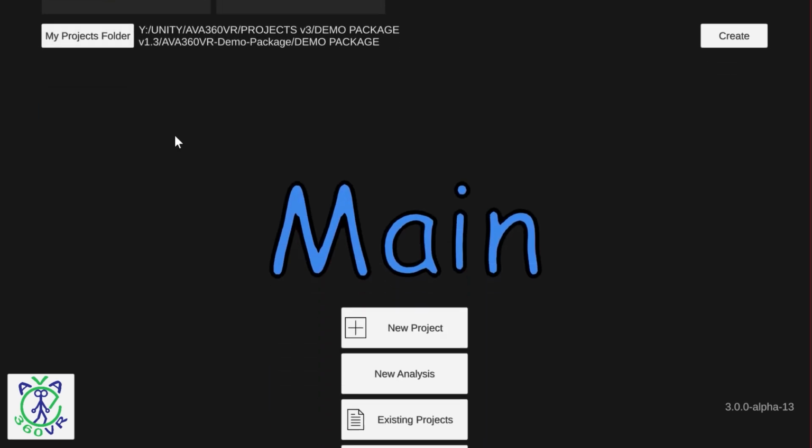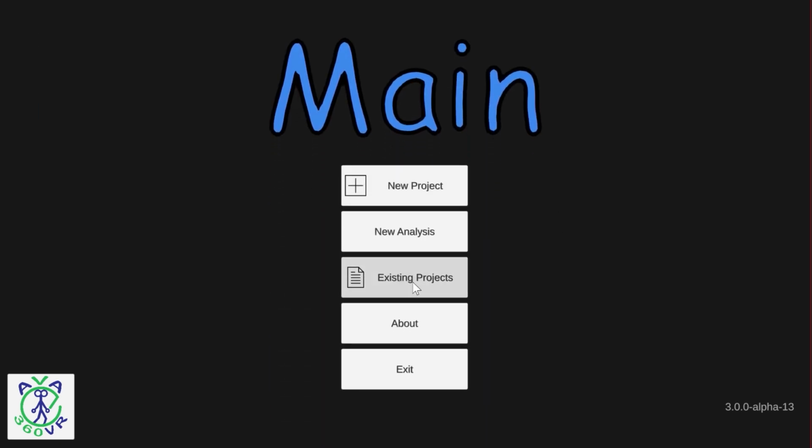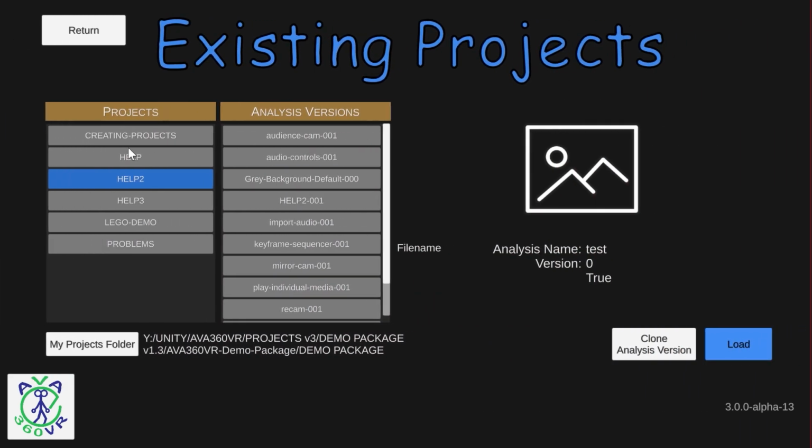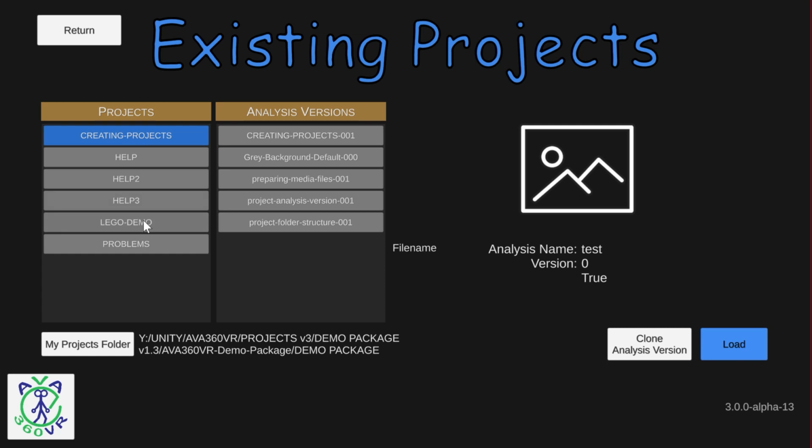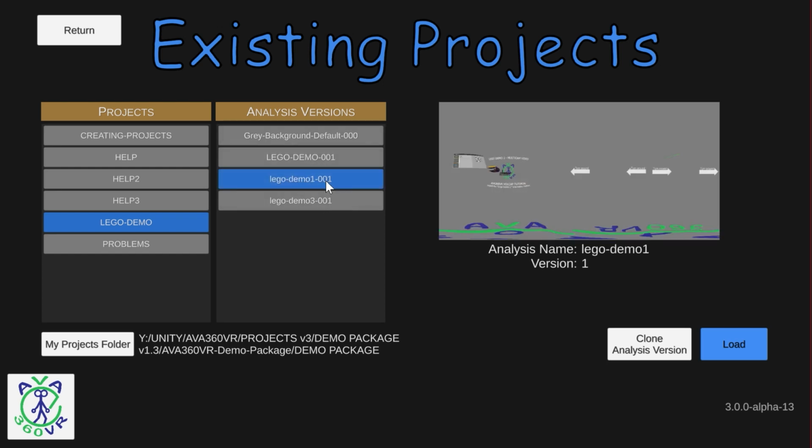If we return, you'll see there's also existing projects, and if we click that, this shows the same structure, but rather than with a project like Lego Demo, we don't have the videos associated with that. What we have are the analysis versions that we have. And here you can see we have an analysis version for the Lego Demo 1. And there we see a clip.